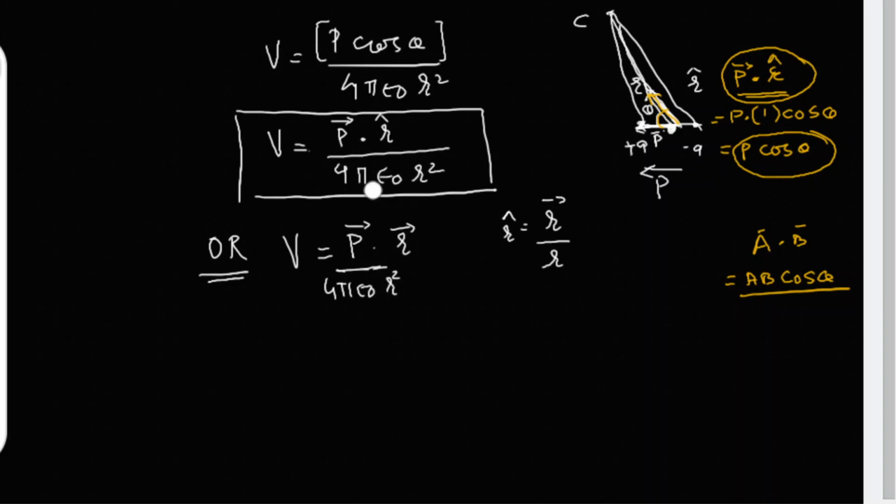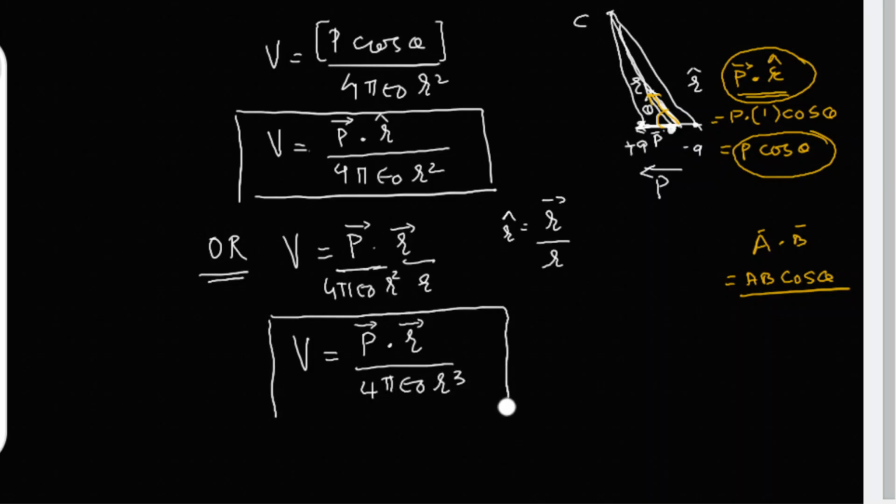This whole thing I am writing here, and instead we will write r. So this will be now V is equal to vector p dot vector r, divided by 4 pi epsilon 0 r square into r, r cube it will be. So this is the vector form of the potential.